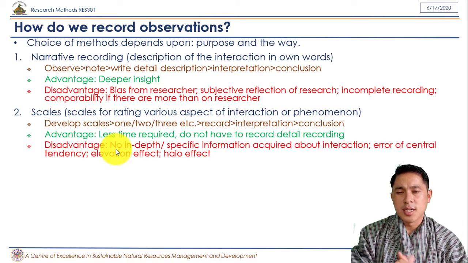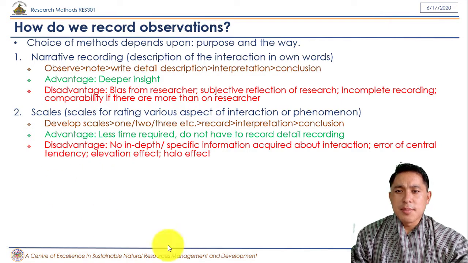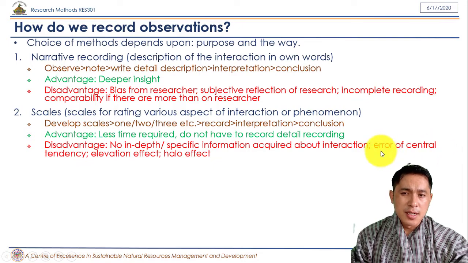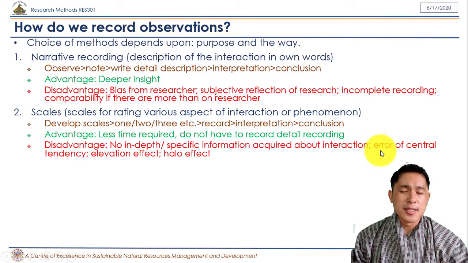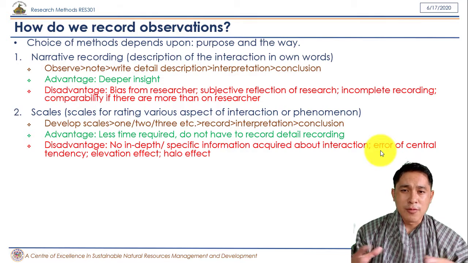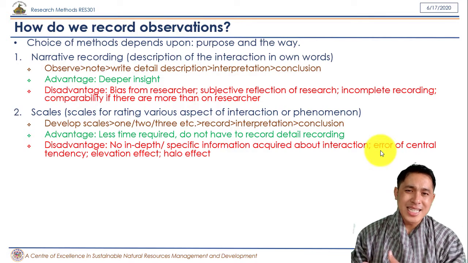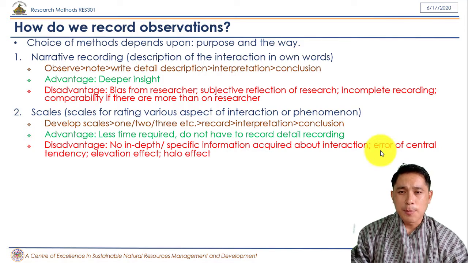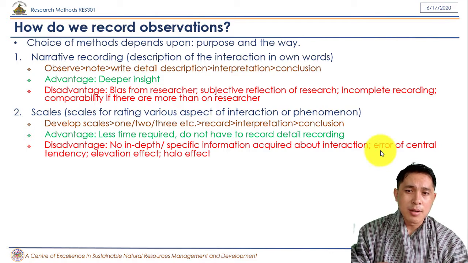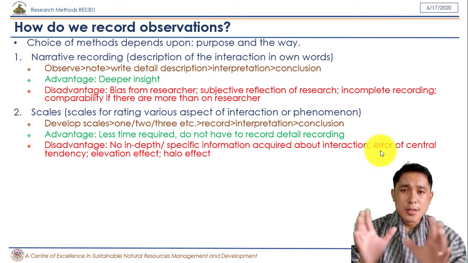You have very structured choices, dimensions that you need to tick. That's why in-depth information cannot be accurate from the interaction. Sometimes, especially if the researchers are new to observation methods, they tend to avoid the extremes, like strongly disagree and strongly agree are avoided most of the time, and they tend towards the middle choices, for example neutral, or just agree, or just disagree, the central choices.